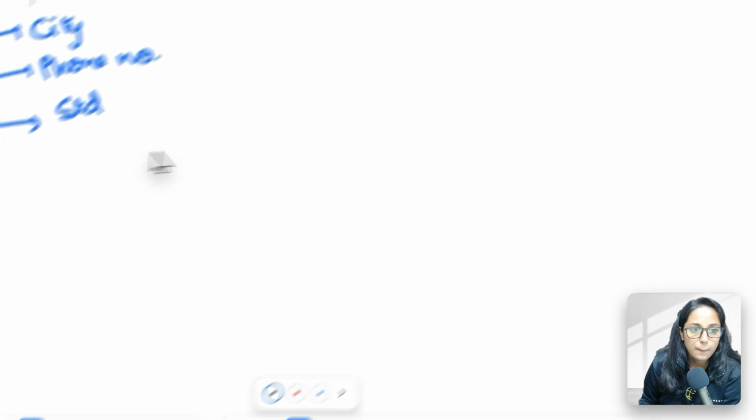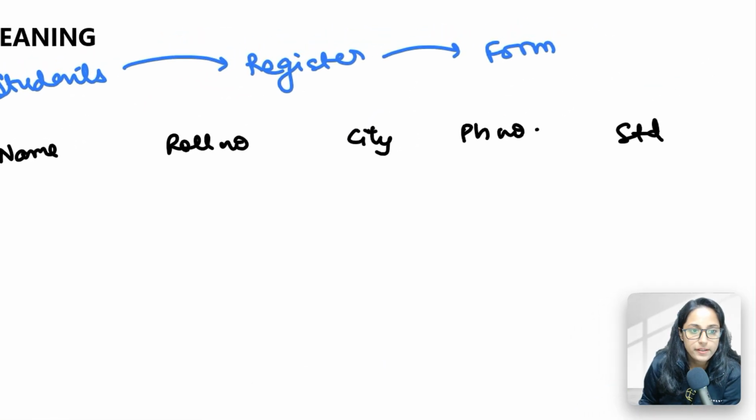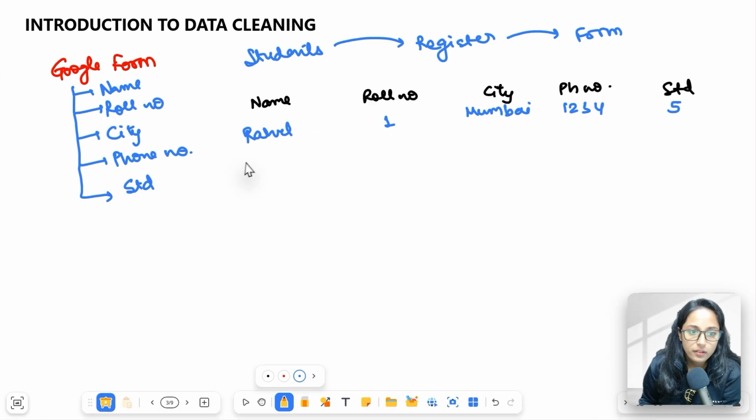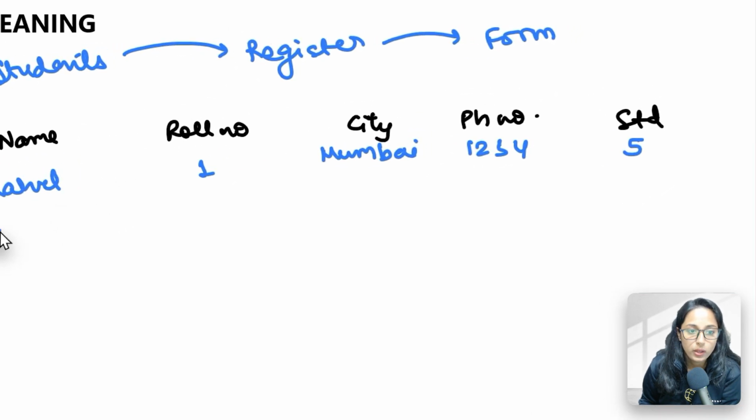So for example, one guy has mentioned his name as Rahul. His roll number is 1. His city is Mumbai. Number is, for example, 1, 2, 3, 4. Standard is 5. Another person is Rohan. He has mentioned his name as Rohan, roll number 2, and he has mentioned everything in caps.